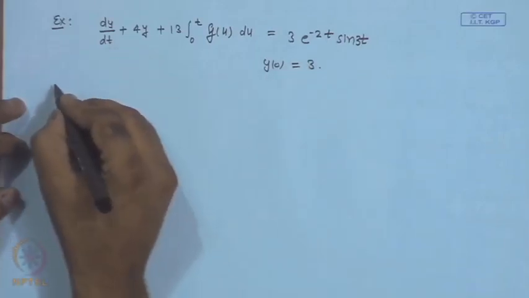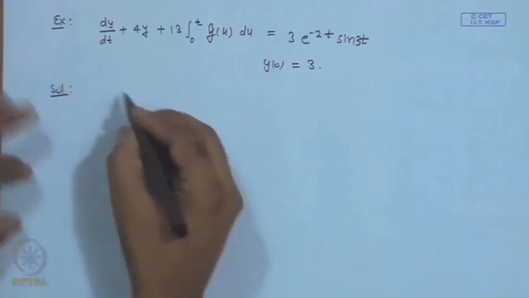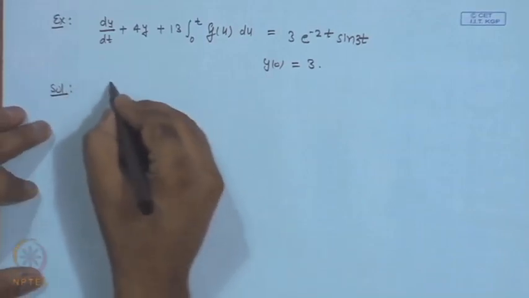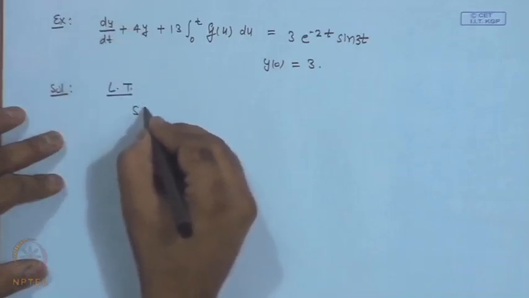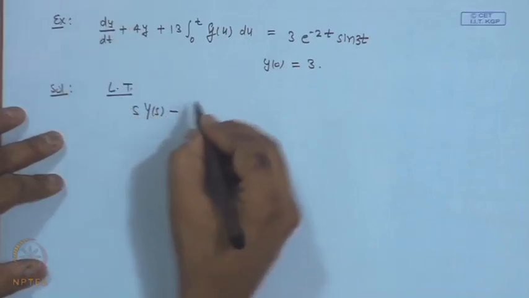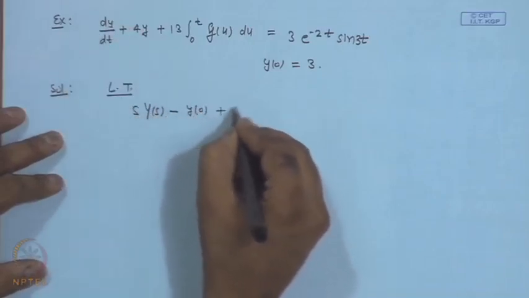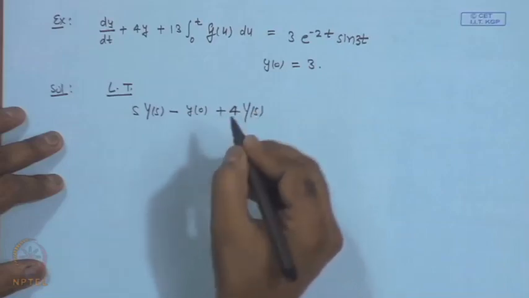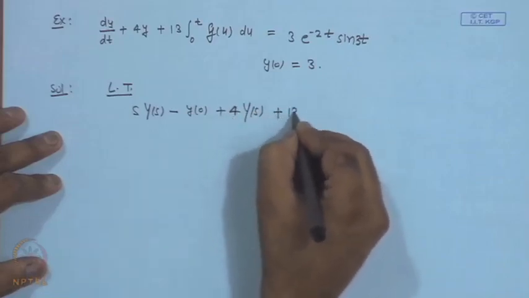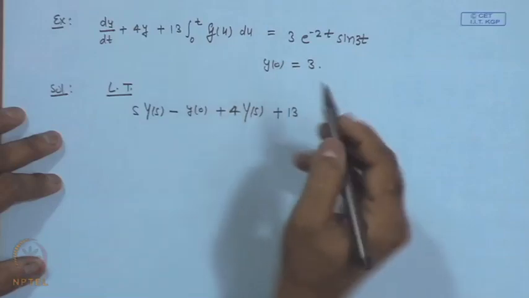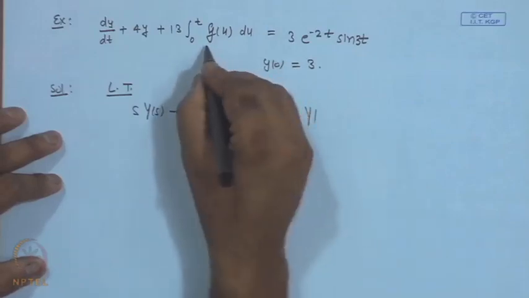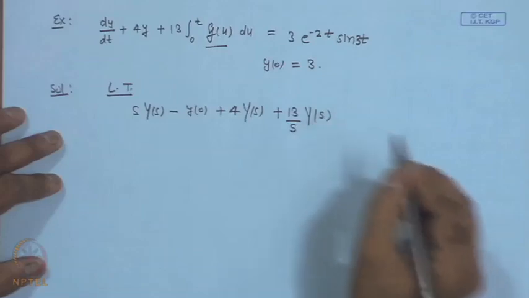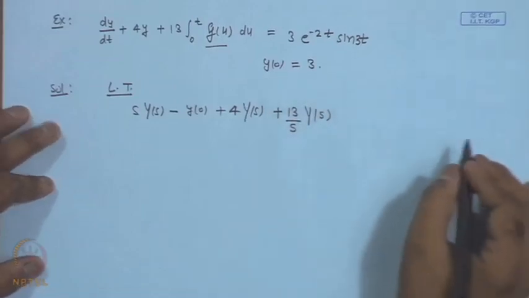Now we go along with the same steps. We have the Laplace transform. Here we have s times the Laplace transform of y minus y(0), plus 4 times the Laplace transform of y, plus 13 times the Laplace transform of this integral, and that is just 1 over s times the Laplace transform of y. That was a property we discussed in the Laplace transform.